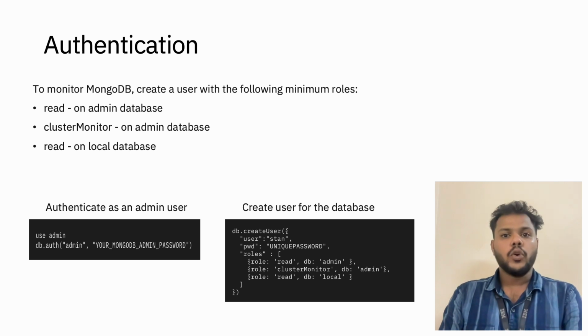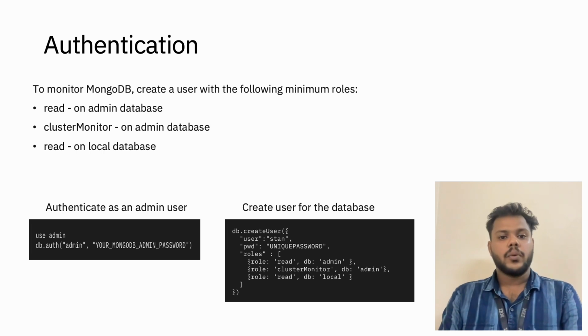To configure MongoDB for monitoring with Instana, you need to ensure that the Instana agent has the necessary access to your MongoDB instance. Here we see how to create a user for the Instana agent in the admin database. To monitor MongoDB, create a user with the following minimum roles: read on the admin database, cluster monitor on the admin database, and read on the local database.